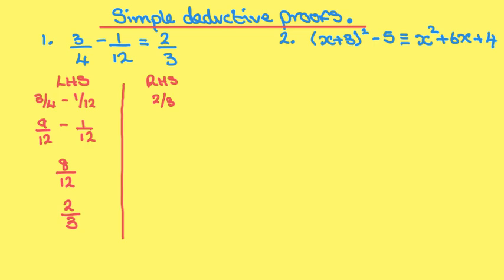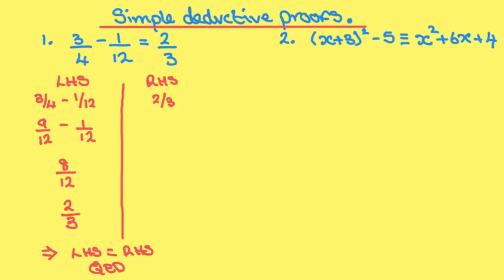You must write this final step down. So therefore, left-hand side equals right-hand side, QED. QED just means that you've proved it. You could put therefore proved if you wish.